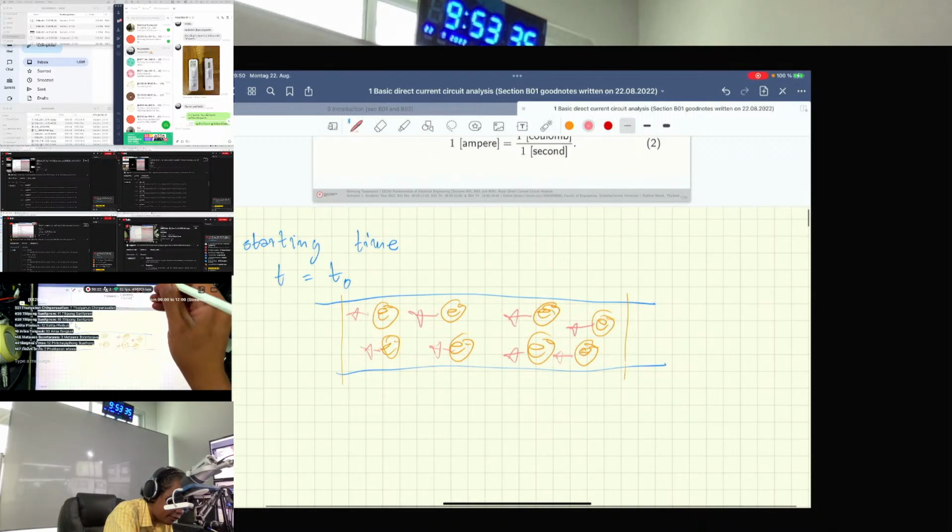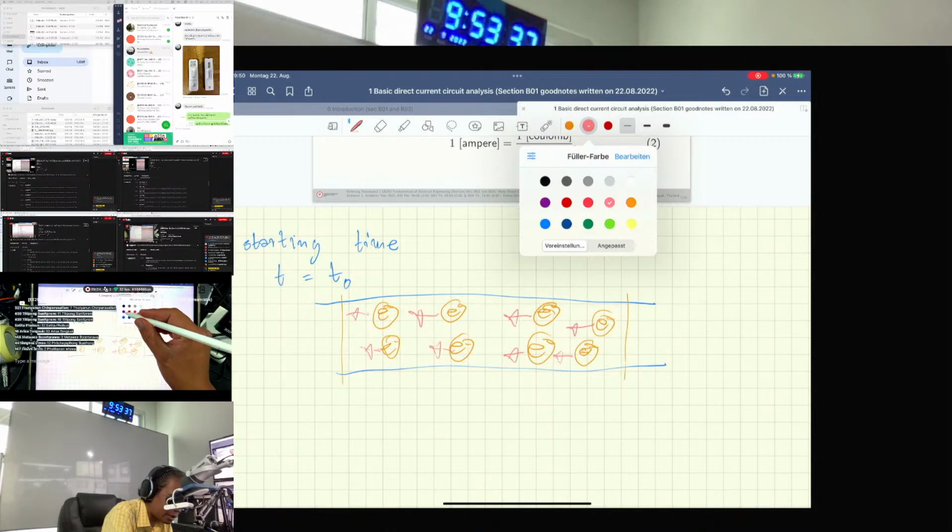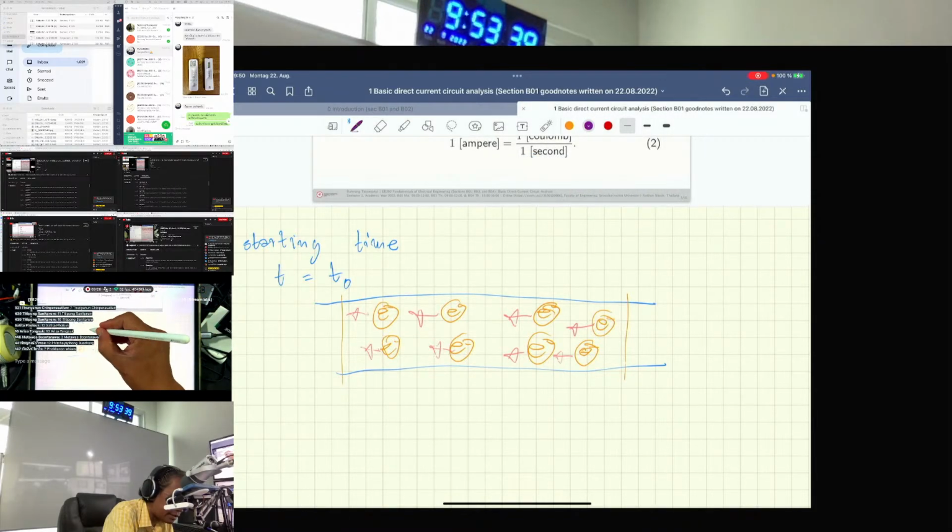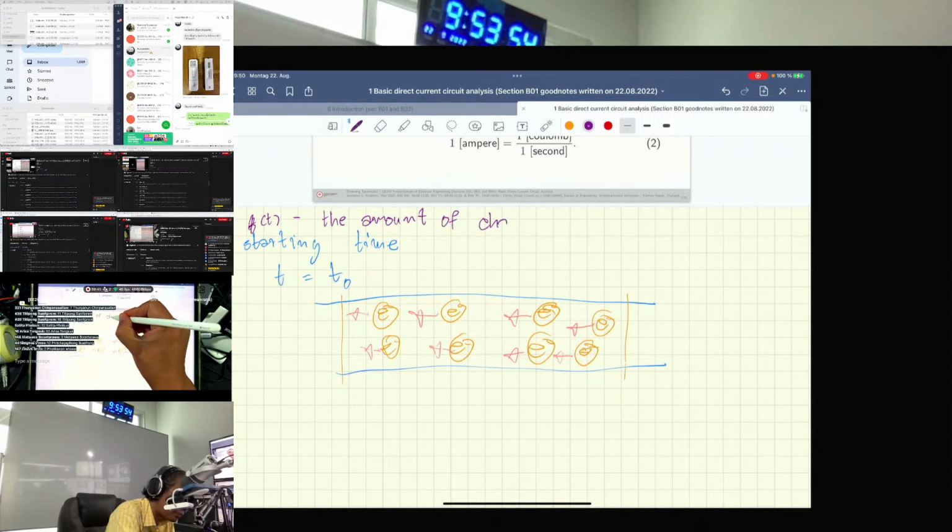Okay, you can determine the amount of charge, and that's the function Q(t), the amount of charge at time t.